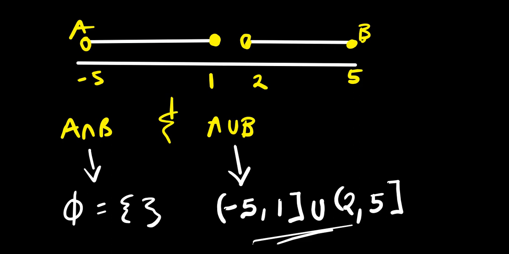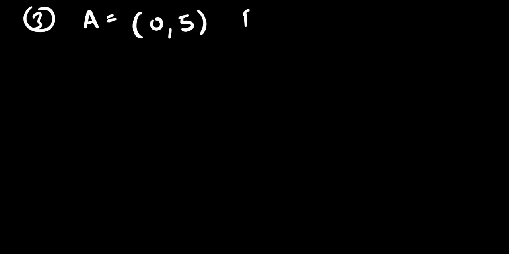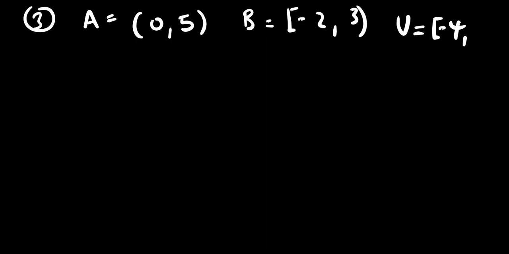Now let's solve another one. Let's say A is from 0 to 5, B is from -2 to 3, and the universal set is from -4 to 7.